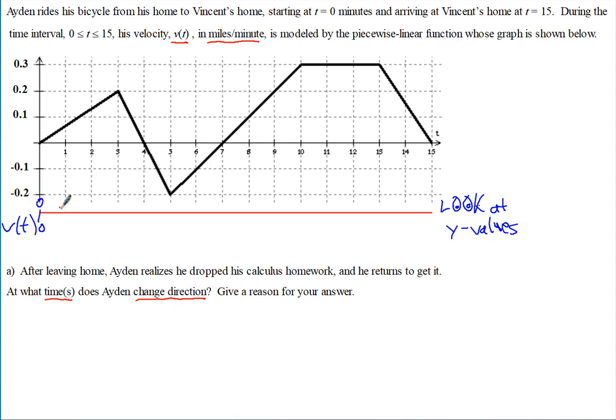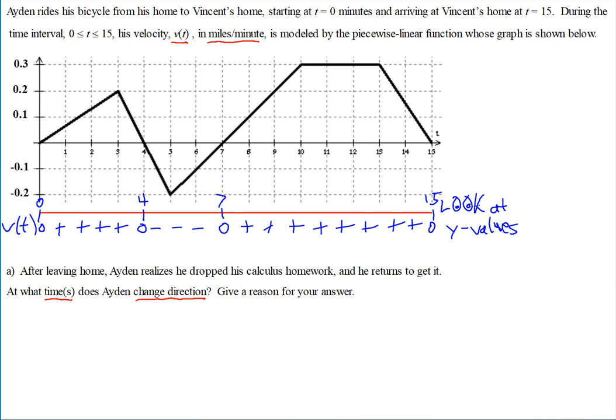And then all these y values are positive until we get to 4. So the velocity is positive until 4, where we're at 0. Then all the y values are below the t-axis here. So these are all negative y values until 7, where the velocity is 0 again. And then after 7, all of them are above the t-axis. So they're all positive until we get to 15, where it's 0.